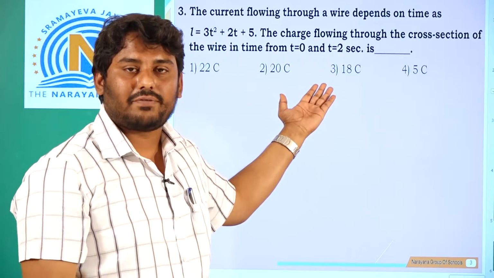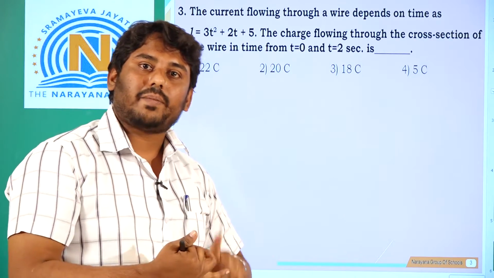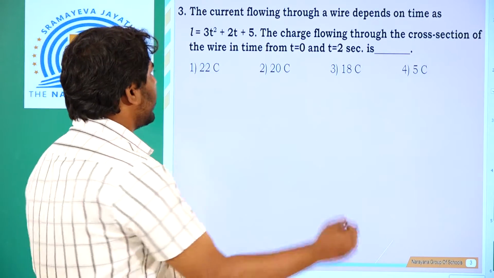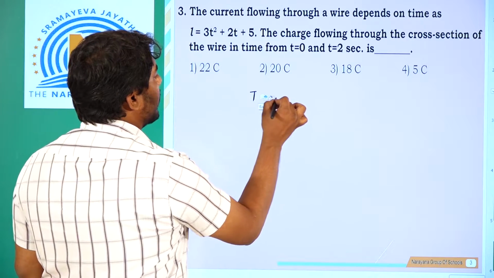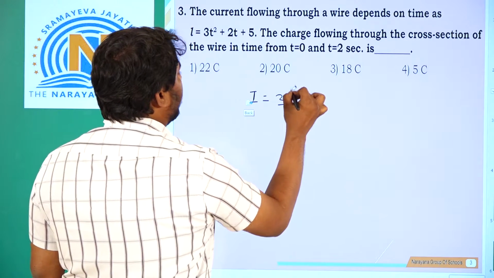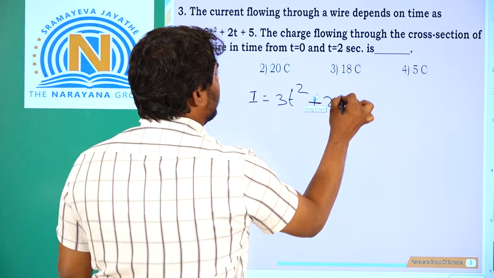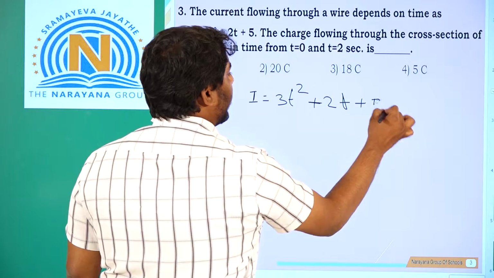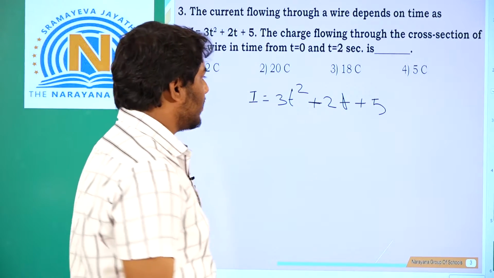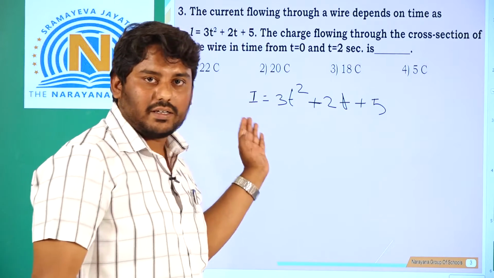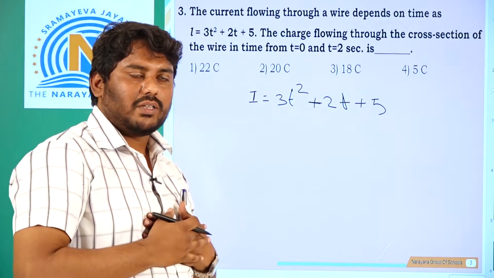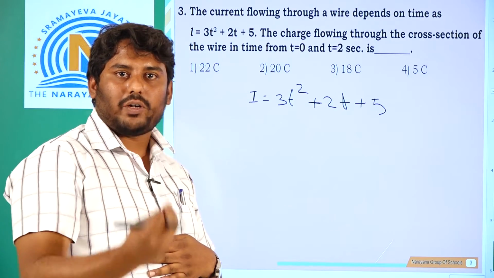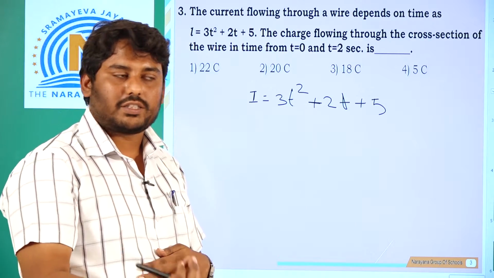But here we have been given the relation between time and current. The relation is I equals 3t square plus 2t plus 5. So this is the relation between the current and time. We know that current is charge upon time, or changing charge by changing time.